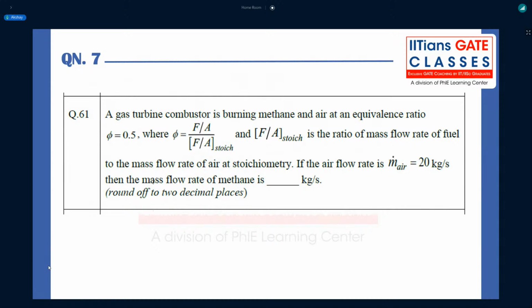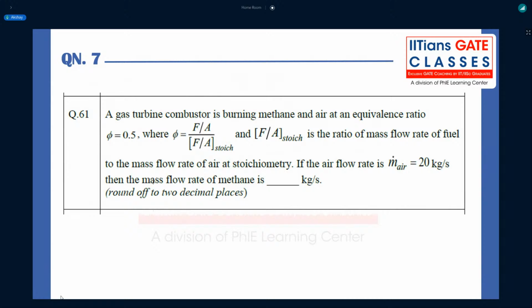So in this question, they are given the equivalence ratio. The gas turbine combustor is burning methane and air at an equivalence ratio of phi equal to 0.5, where the equivalence ratio is defined as the fuel to air ratio actual to the fuel to air ratio stoichiometric, and the stoichiometric ratio of the mass flow rate of fuel to the mass flow rate of the air at stoichiometry.